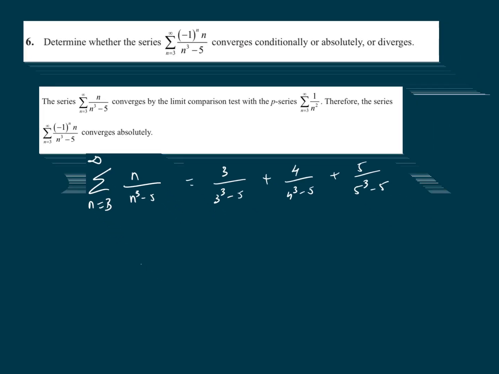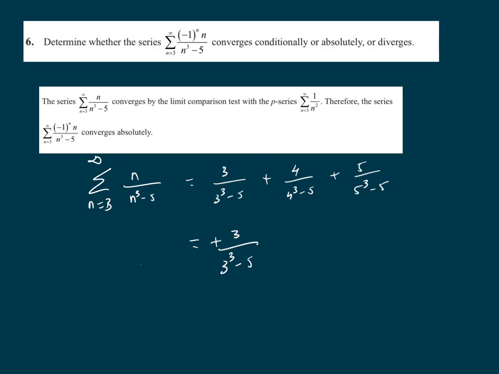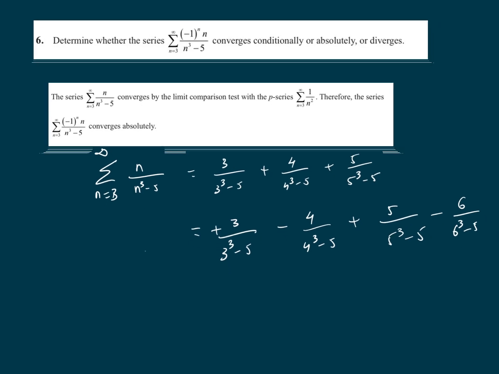And the alternating series, when n equals 3, is positive. So it's plus 3 divided by 3 cubed minus 5, minus 4 divided by 4 cubed minus 5, plus 5 divided by 5 cubed minus 5, plus 6 divided by 6 cubed minus 5, and keep going. Does this alternating series converge or diverge?